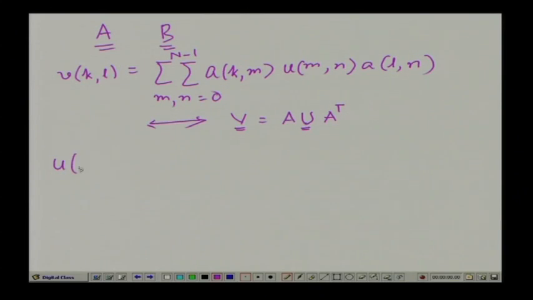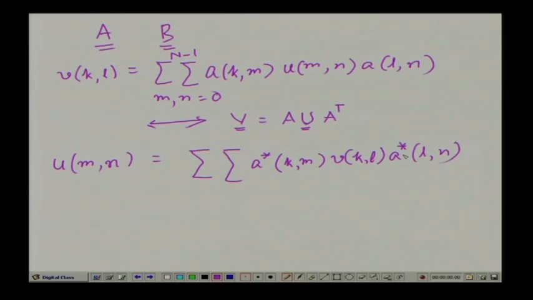So, in the same manner, the inverse transformation can now be written as u m n equal to, again a double summation, A star k m v k l A star l n, where both k and l will vary from 0 to capital N minus 1.